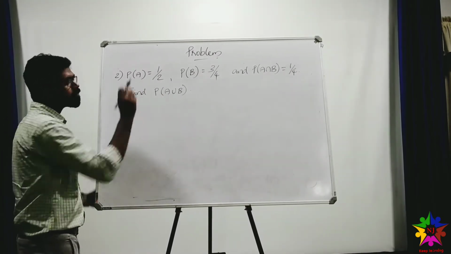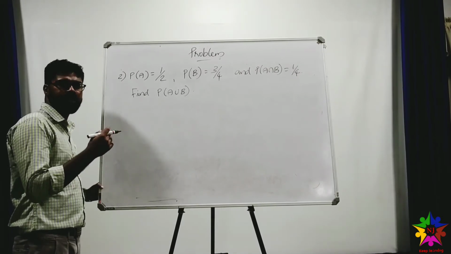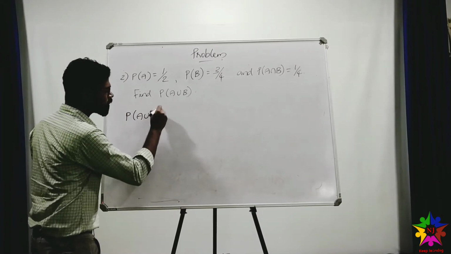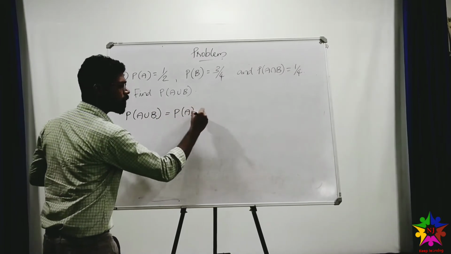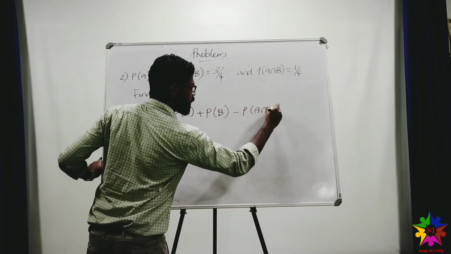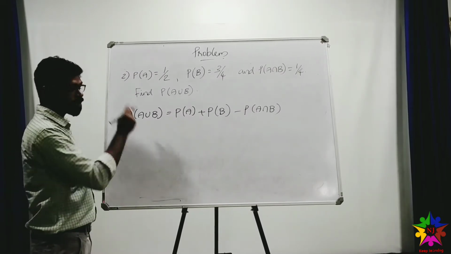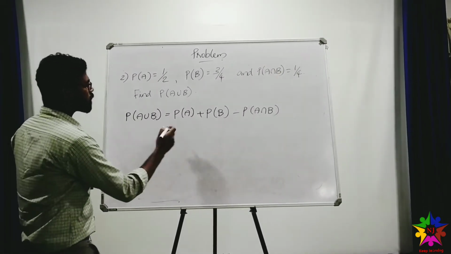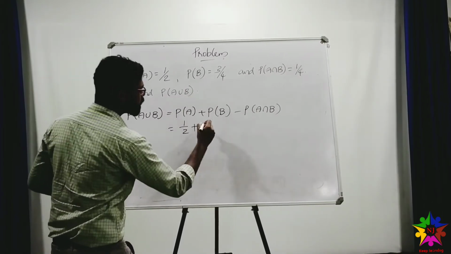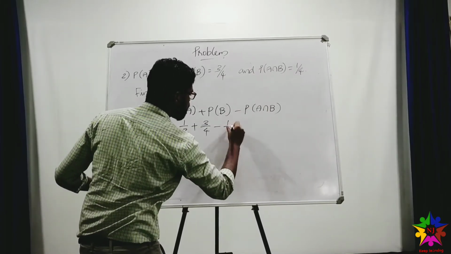Find probability of A union B. We know by the axiomatic theorem of probability, theorem 3, that probability of A union B is equal to probability of A plus probability of B minus probability of A intersection B. This is the third theorem of probability that we have discussed earlier.